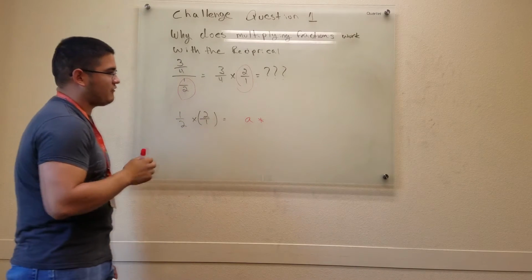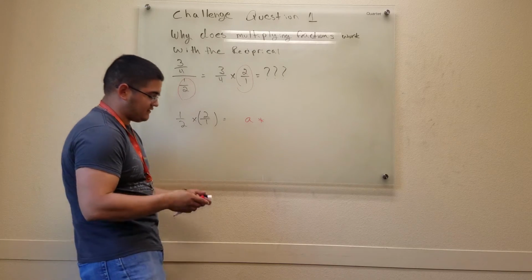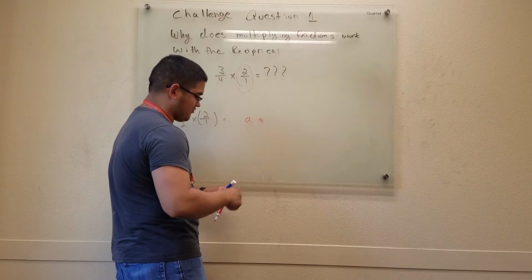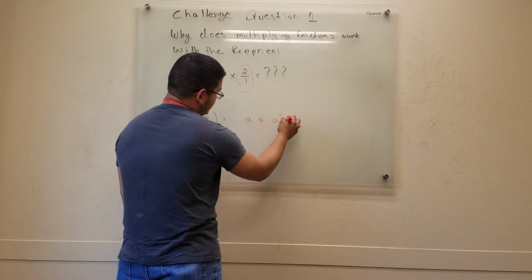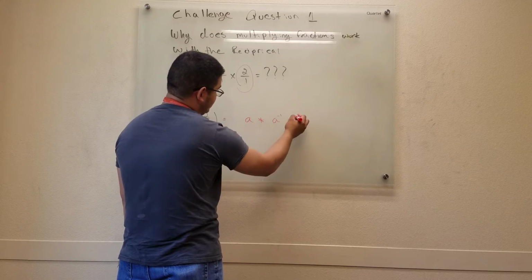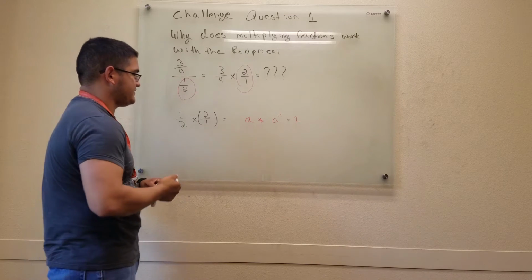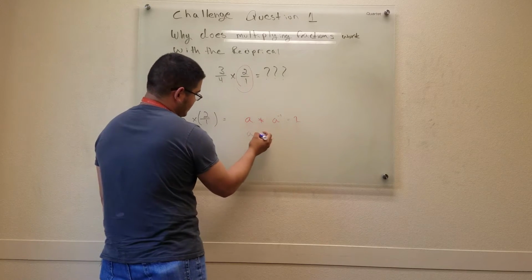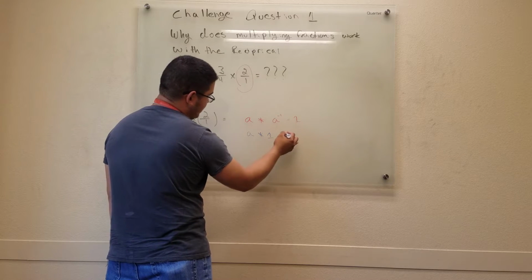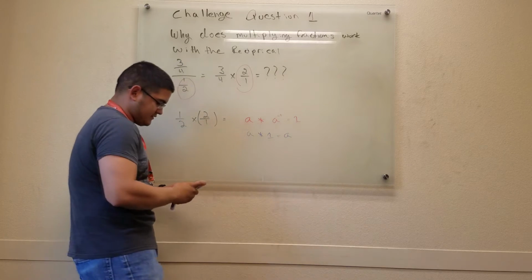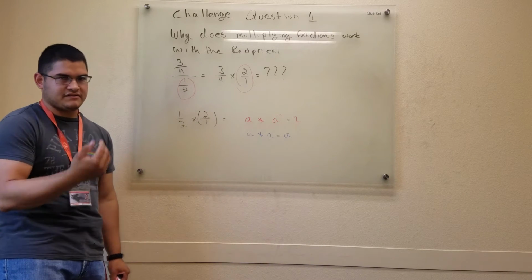And they asked, what number can we multiply this by to get its identity? The identity for multiplication is 1. So they knew A times its inverse is equal to 1. The reason 1 is the identity for multiplication is that if you multiply any number A by 1, we always get A. So they were looking for something to multiply A by to give us an identity.